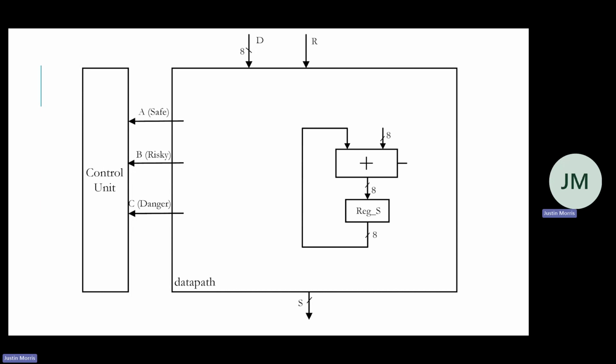Okay, what do we need to be able to increment speed by? One, and what do we need to be able to decrement it by? 4 and 8. So I have 3 things.